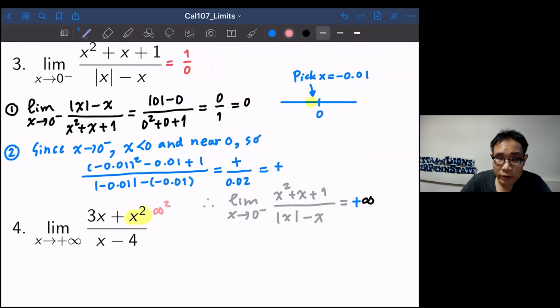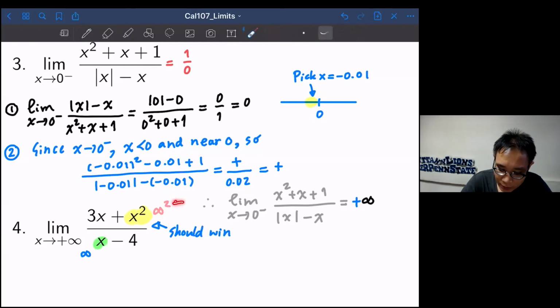and infinity squared is a very, very big number. Okay, on the bottom, you get only infinity. So in this case, you see that the top, the numerator, should win because you have a square here.